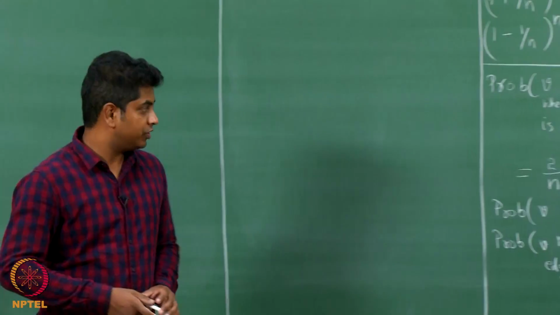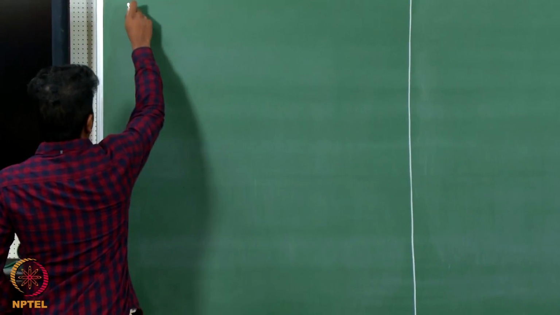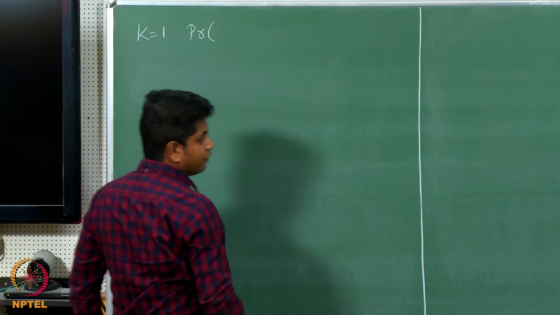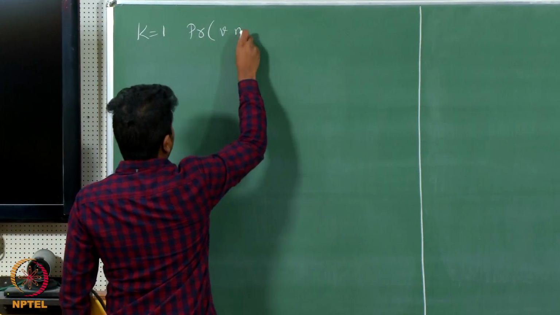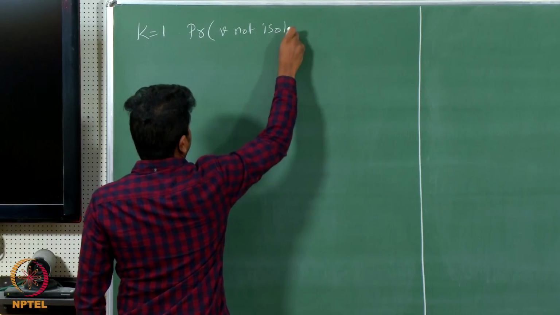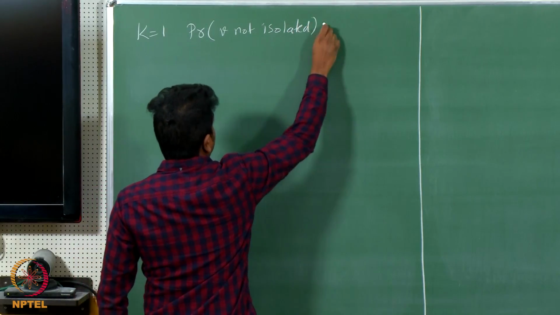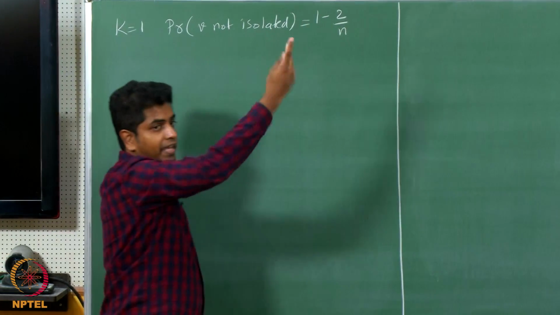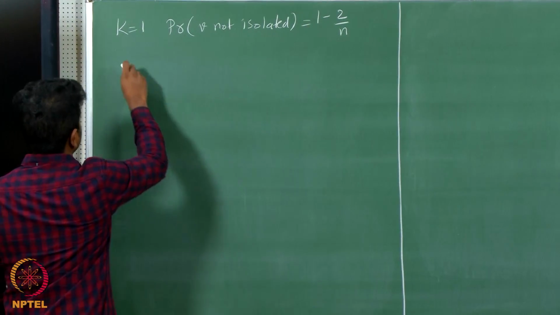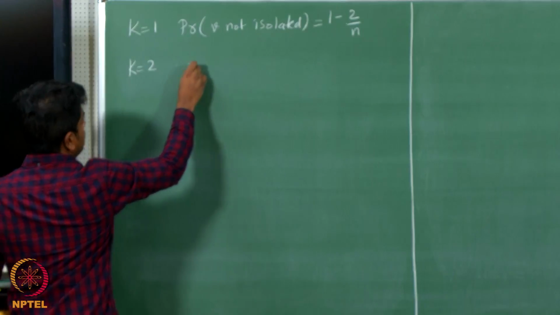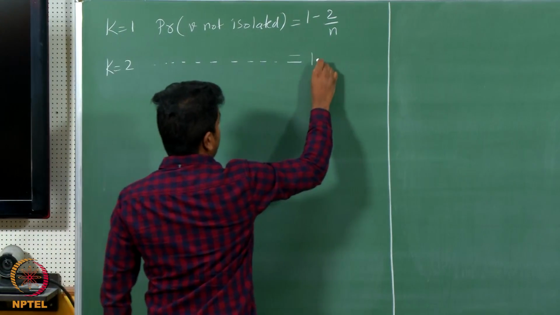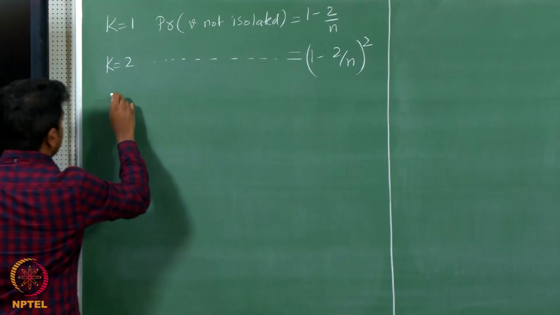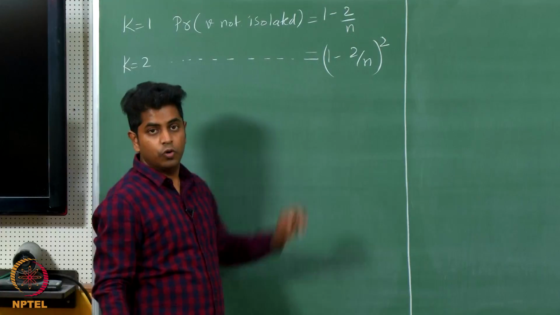Now let me ask this question, when k is equal to 1, the probability of V not being isolated is (1 - 2/n)^k, k is 1, correct. If k equals 2, this will be (1 - 2/n) squared. If k is 3, it will be cube.